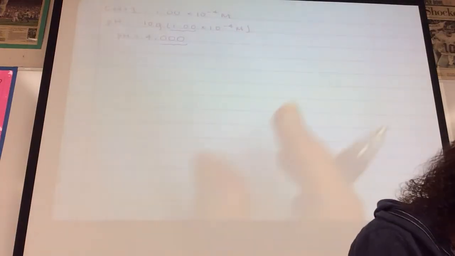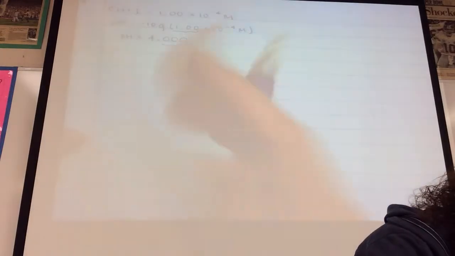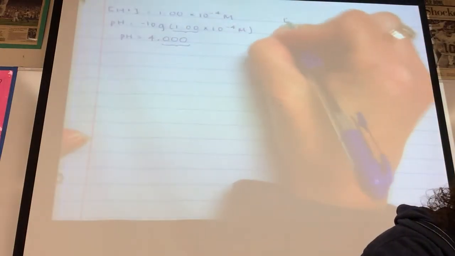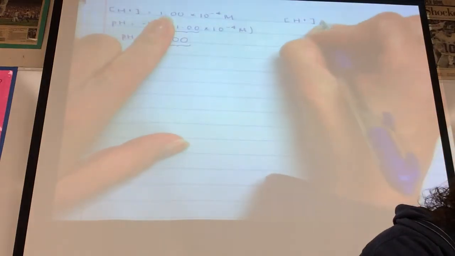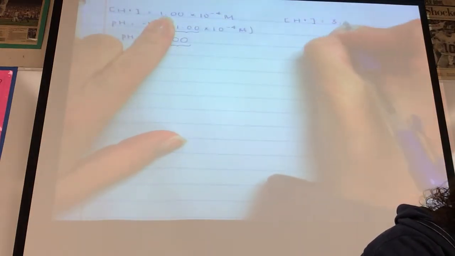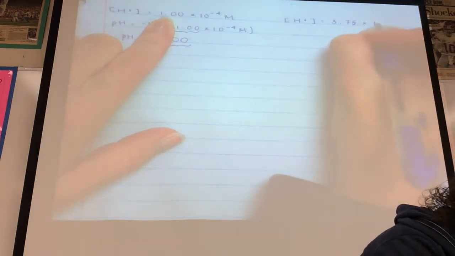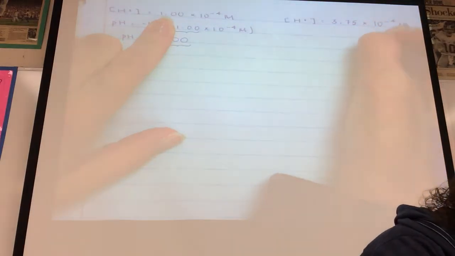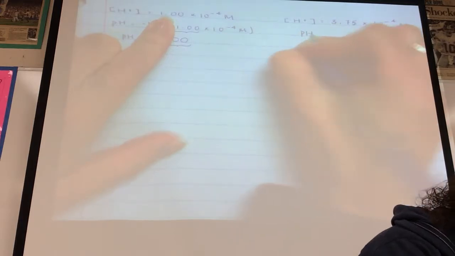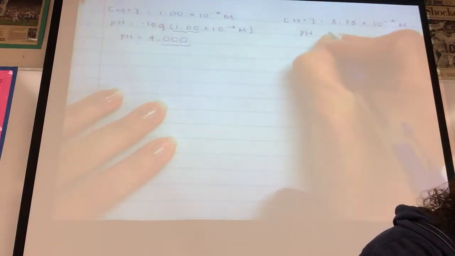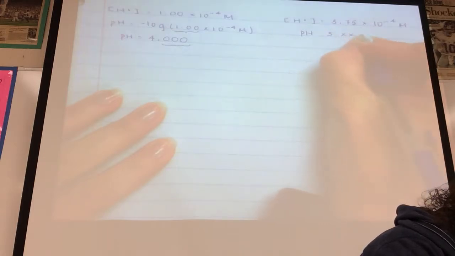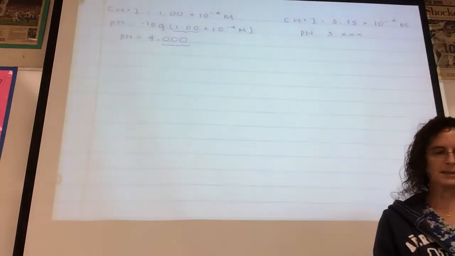Well, you can always use your calculator this year on your assessments. I do just want to indicate that if you have a number greater than 1, let's say 3.75 times 10 to the negative 4, the pH will be 1 less than the absolute value here, with 3 digits after it.